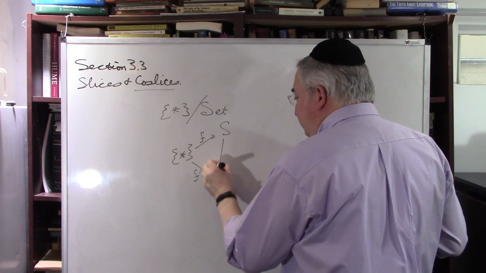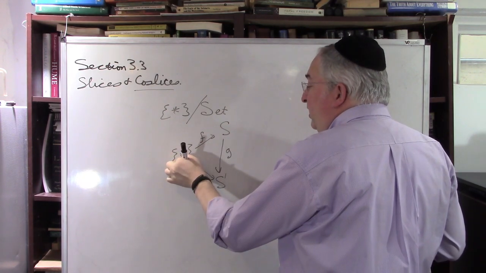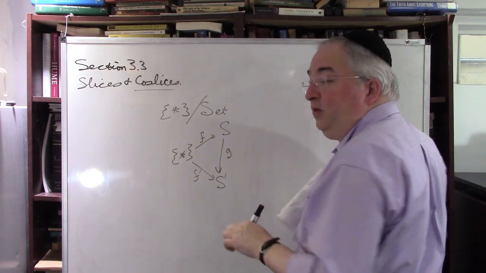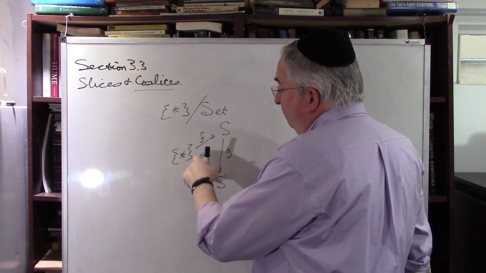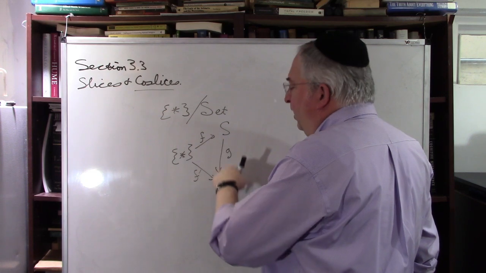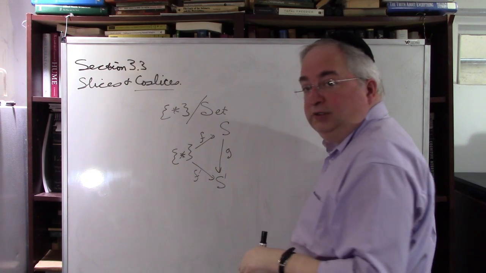It's a function from one set to the other, such that this point goes to the same point as this. We call this function a function of sets that preserves the point, pointed.